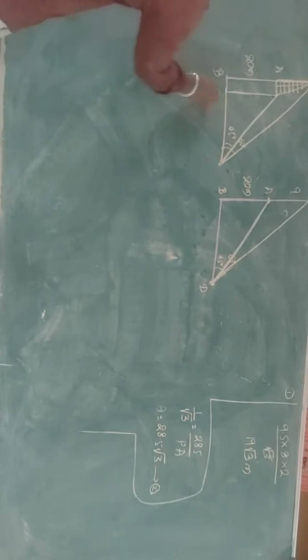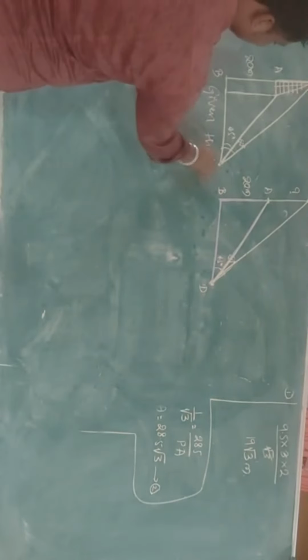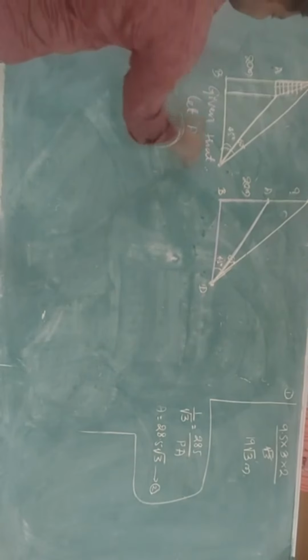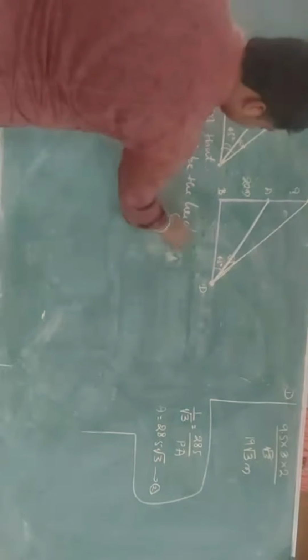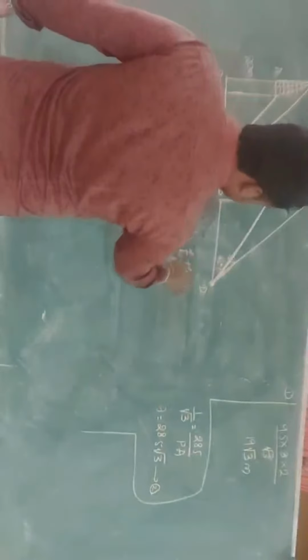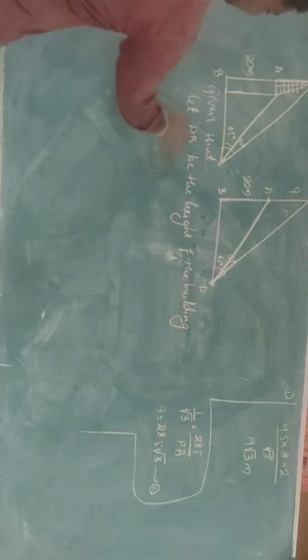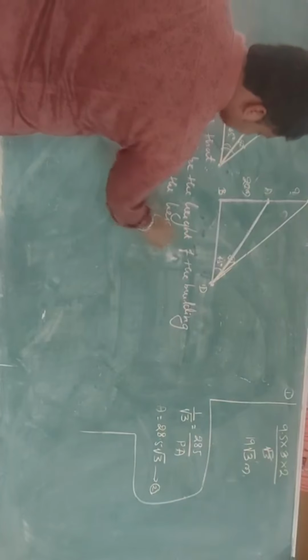So given data you can write. Given that, let AB be the height of the building, and AC be the height of the transmission tower.